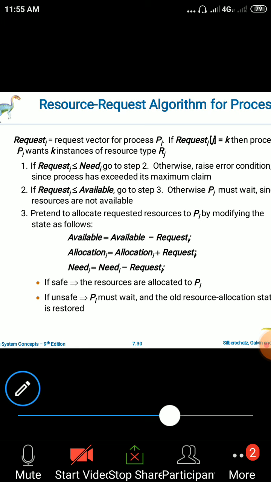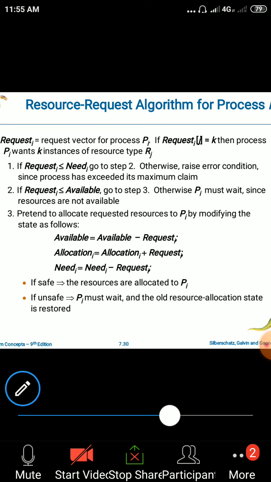Now let us consider the resource type as CPU, that is, Rj is equal to CPU, and Request[j] is equal to k, then process Pi wants k instances of that resource type. Let us consider that 4 CPUs are available. The resource type Rj is CPU, and how many instances are available? 4 instances are available. Among the 4, the process Pi is requesting one CPU. Understood?